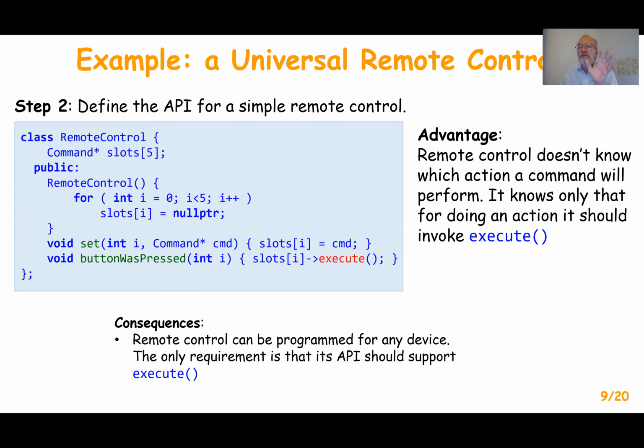It knows only that for invoking an action, it should invoke execute. And as a consequence, the remote control device can be programmed to control any device. The only requirement is that its API should support execute. Okay, let's go on. This is not it. This is only step 2. Let's consider step 3.